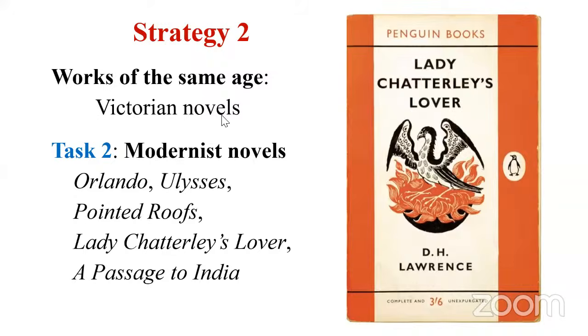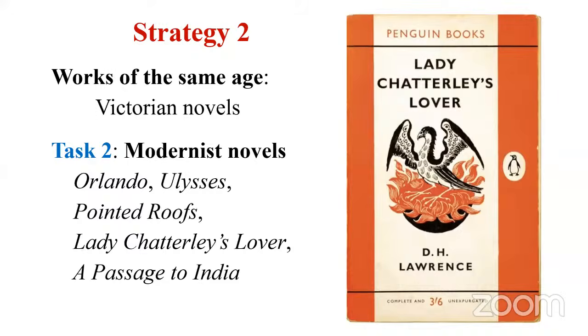So when we say Victorian novels, maybe you can take George Eliot, Bronte sisters, Dickens, and take their masterpieces. Maybe you can take Mill on the Floss or Middlemarch, or on the other hand, we have A Tale of Two Cities. Note the years. Significant novels and their years of the same age.